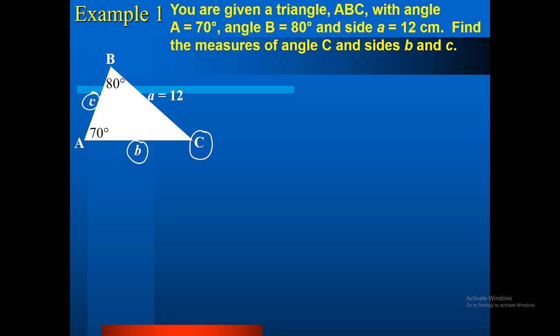Now, it's so simple nga unahon nako og solve si angle C. If I will be solving for angle C, how are you going to solve angle C? Pila ang sum sa tanang angle sa triangle? Class, pila ang sum sa tanang angle sa triangle?